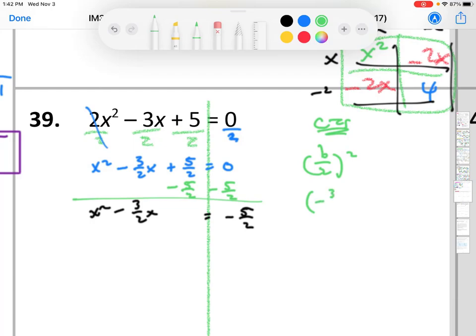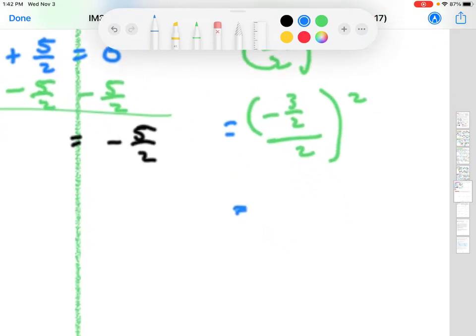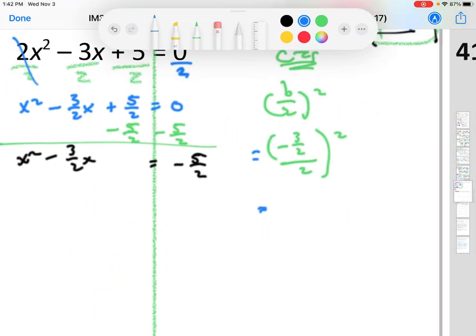B value is negative 3 halves. So this becomes negative 3 halves divided by 2.